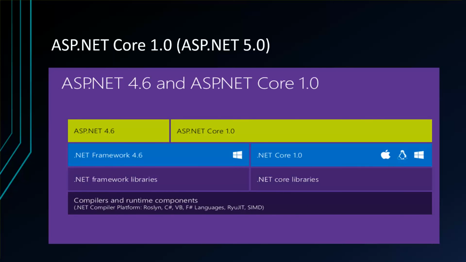The architecture is very similar: at the bottom are the compilers, Roslyn, and all the supported languages, libraries and frameworks. ASP.NET 4.6 and the .NET Framework support Windows apps and the Windows platform, while .NET Core 5 supports Mac, Linux and Windows as well.